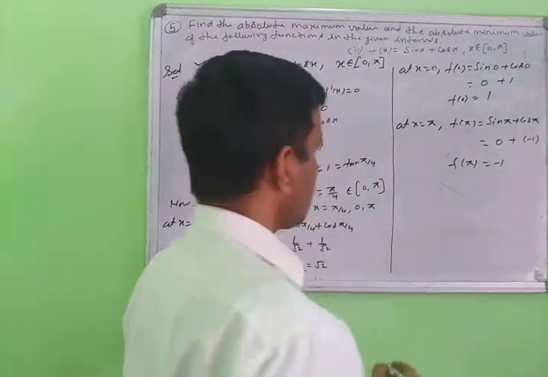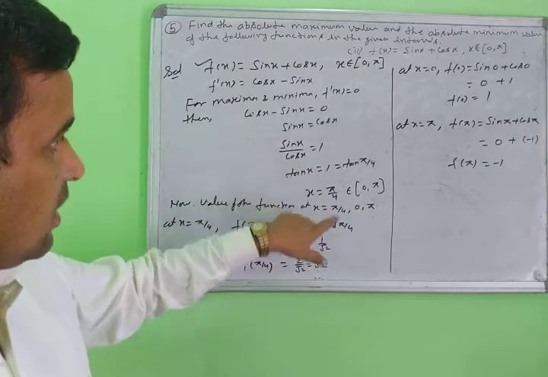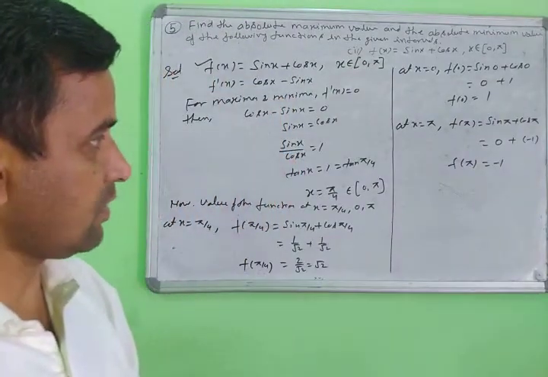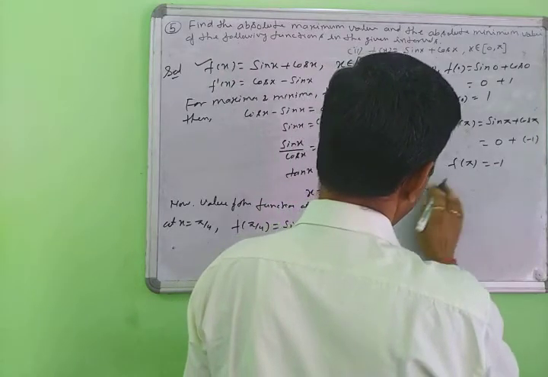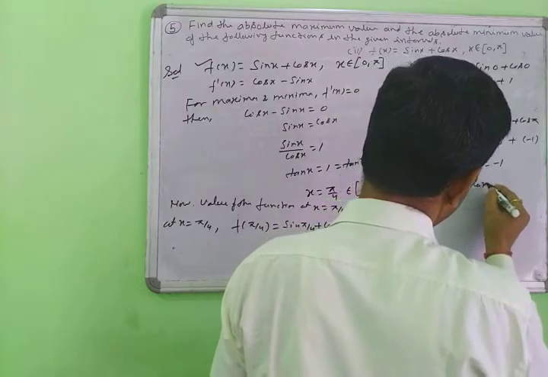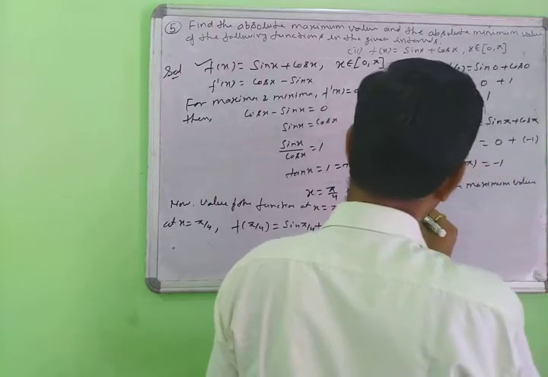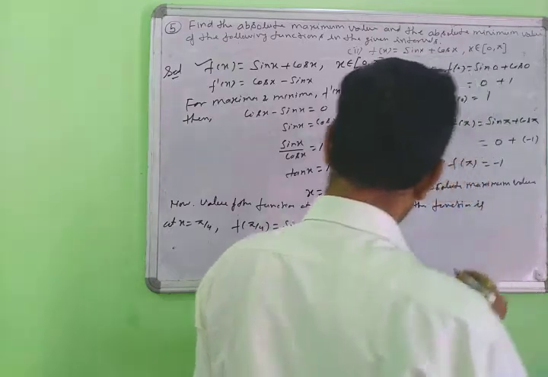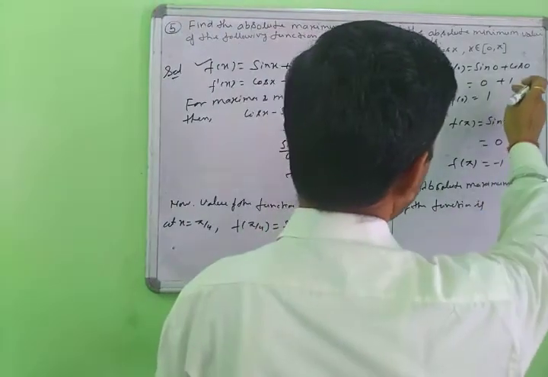So now you will check which values are maximum here. The values are root 2, 1 and minus 1. So the absolute maximum value of the function is, first we check root 2, minus 1 and 1.